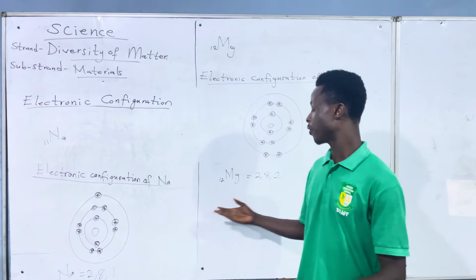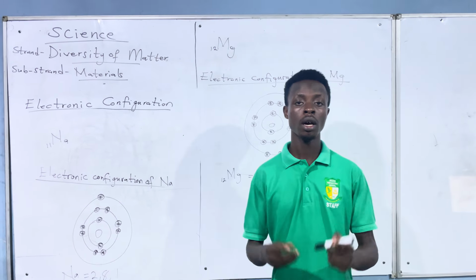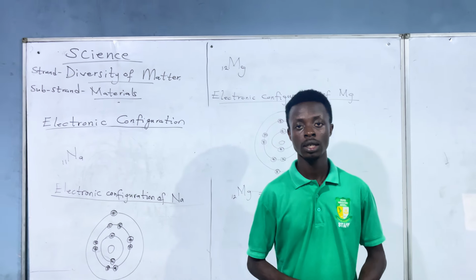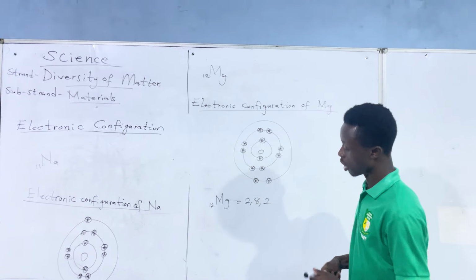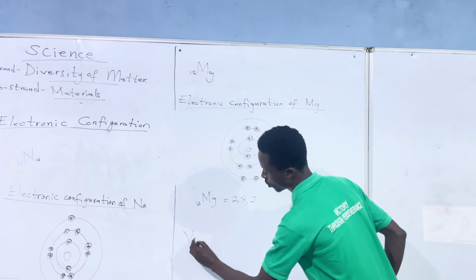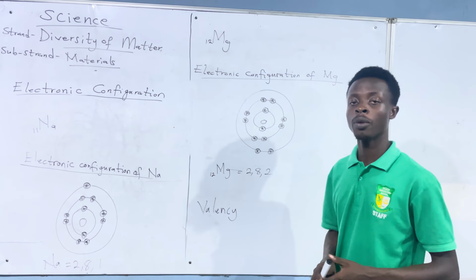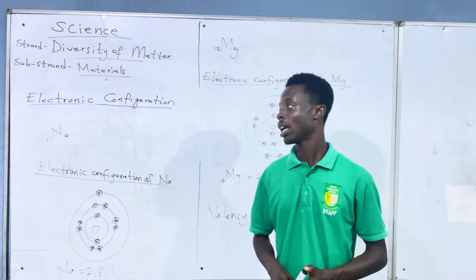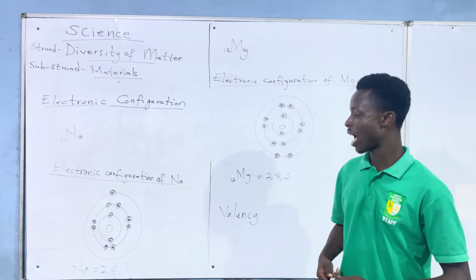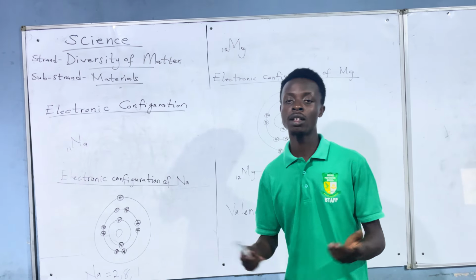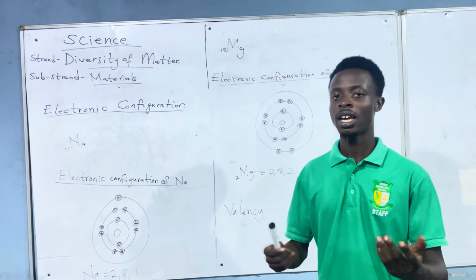The electronic configuration of an element helps us to determine the valency of the element. So let's talk about valency. Valency is the combining power of an element, and it is determined by the number of electrons in the outermost shell of the element.